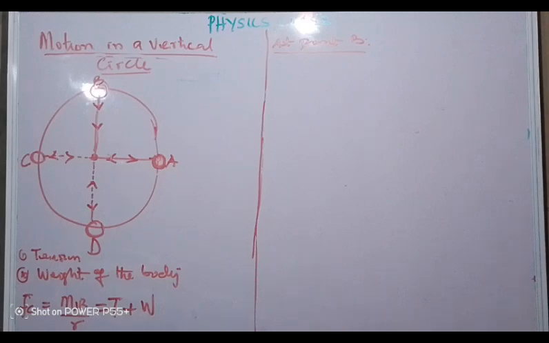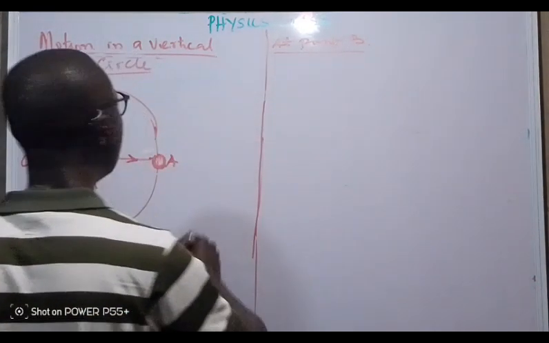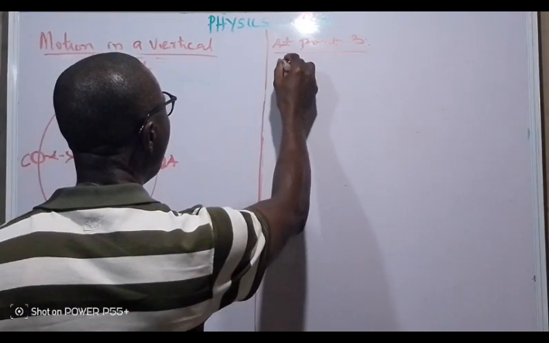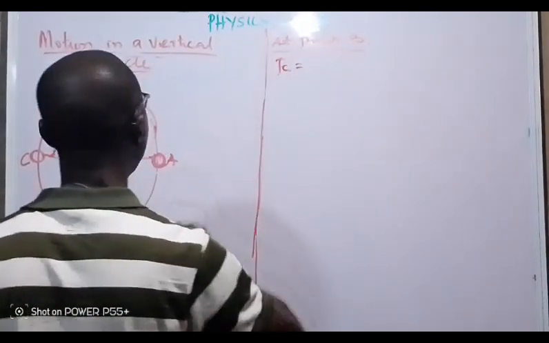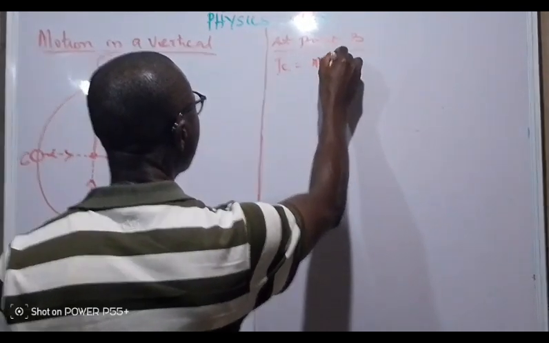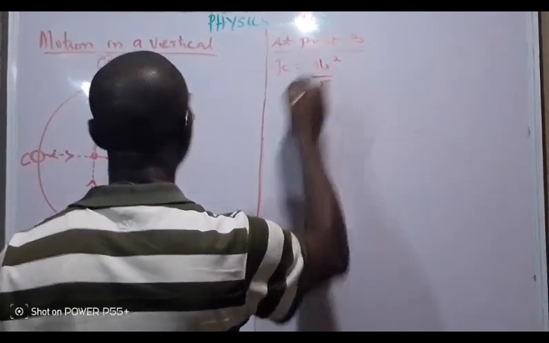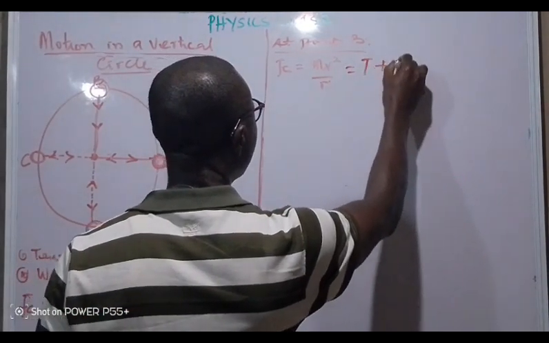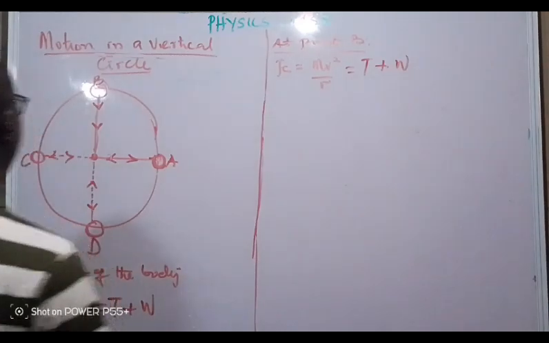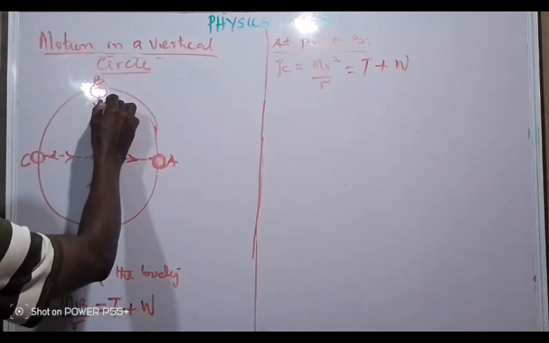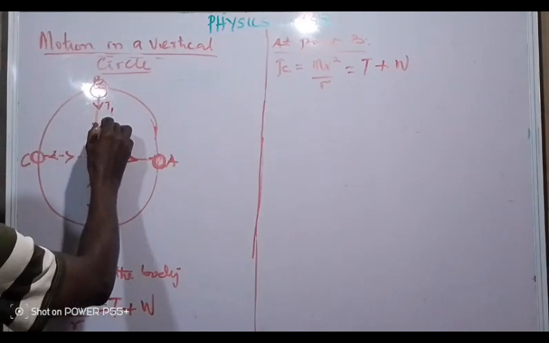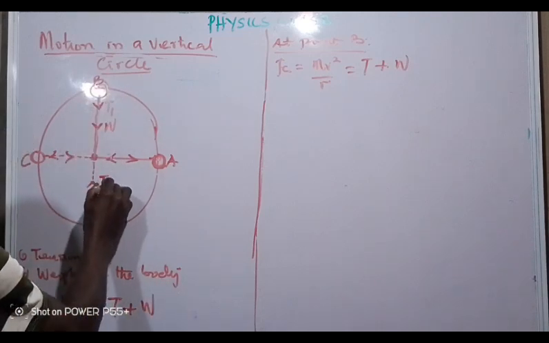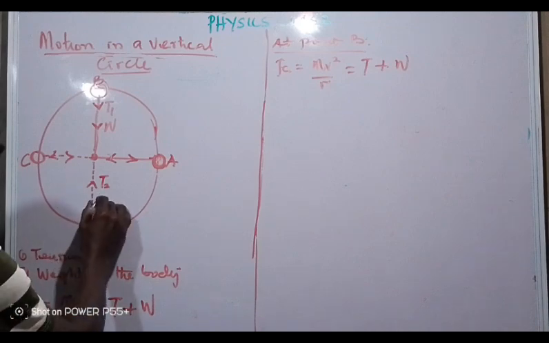That is, Fc will be equal to mv square over r, which will be equal to T plus W. So if you call this tension T1 and here the weight as W, the tension here as T2, and the weight acting downward as W.